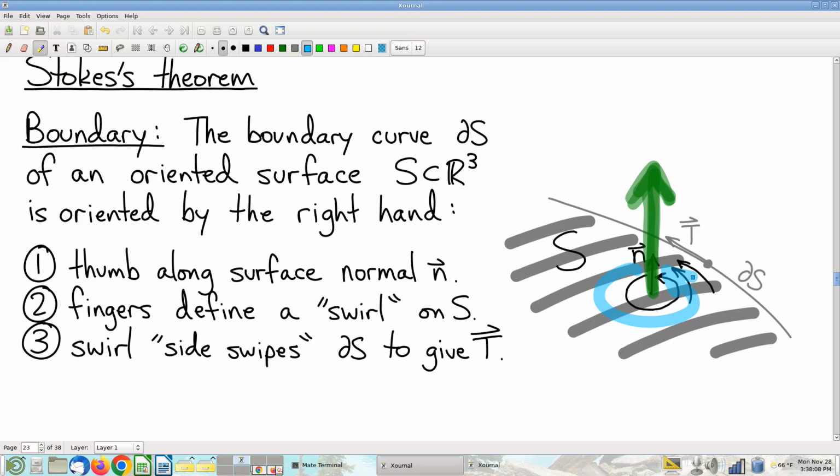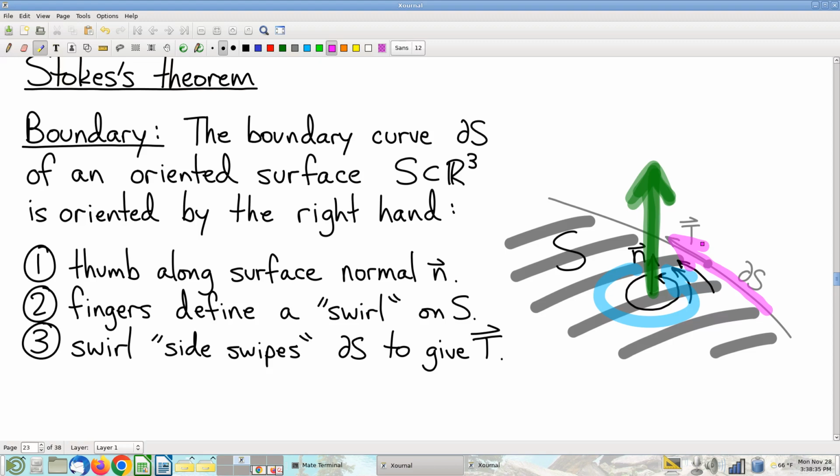Fingers define a swirl, and then just ask yourself, how does that swirl brush up against that boundary curve? If you were to drag this swirl close, not on, but close to that boundary, which way would that swirl swipe up against that side? That defines the orientation on the boundary.